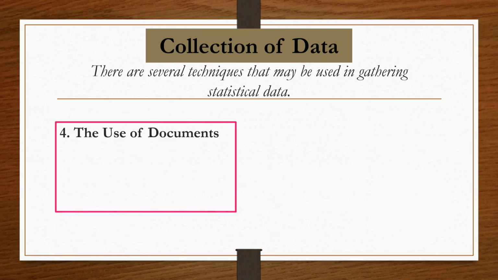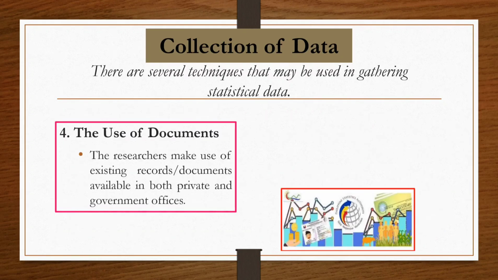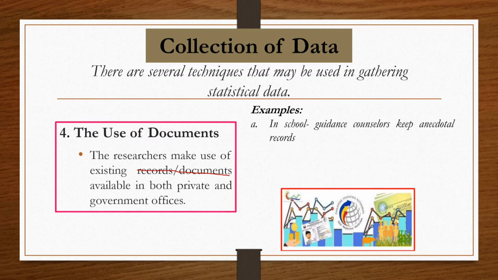For number 4, we can also use documents to gather statistical data. The researchers make use of existing records or documents available in both private and government offices. So for example, in school, we can gather information from the guidance counselors who keep anecdotal records.